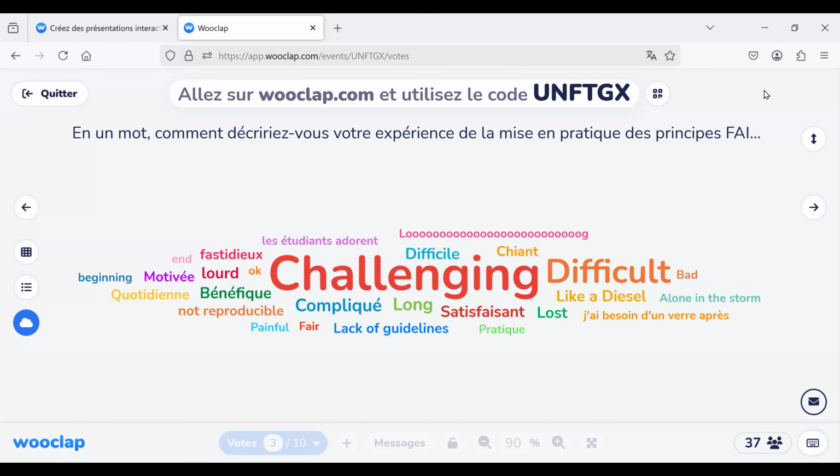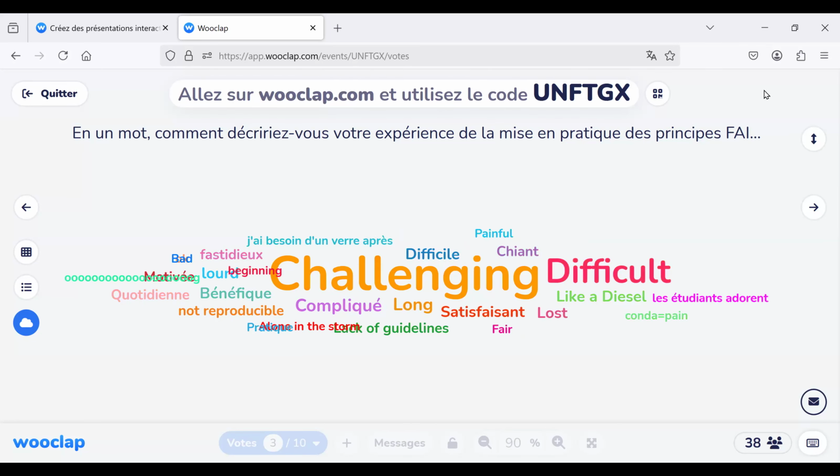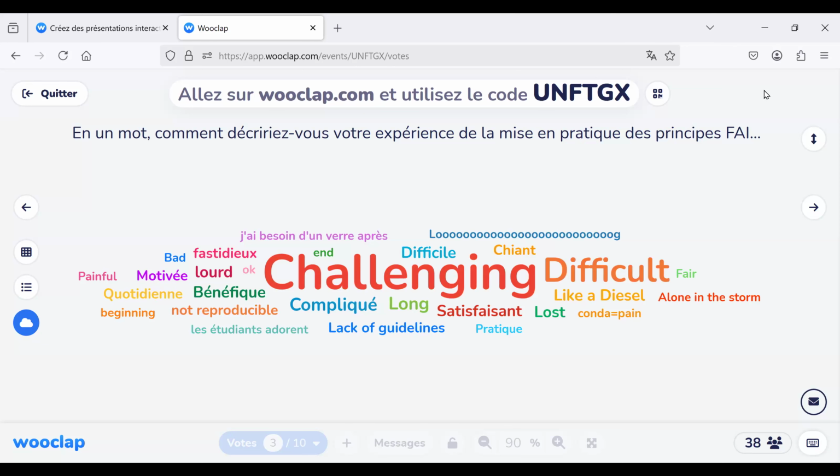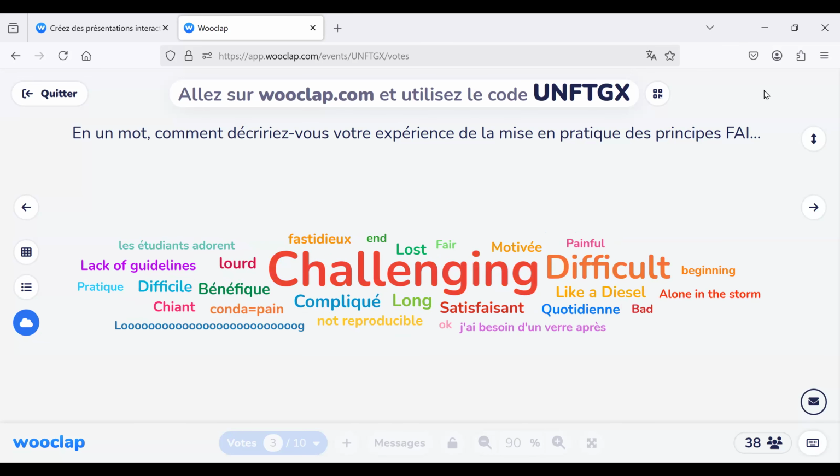There is a lot of loss. Okay. So everyone sees that as challenging, and even for those that use it quite often it is still challenging.